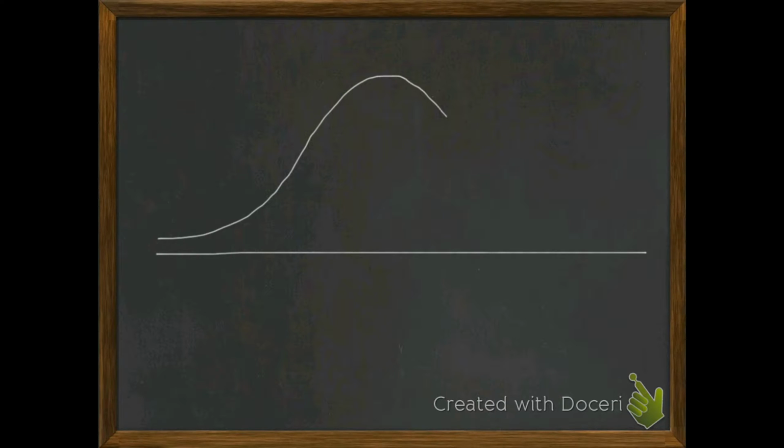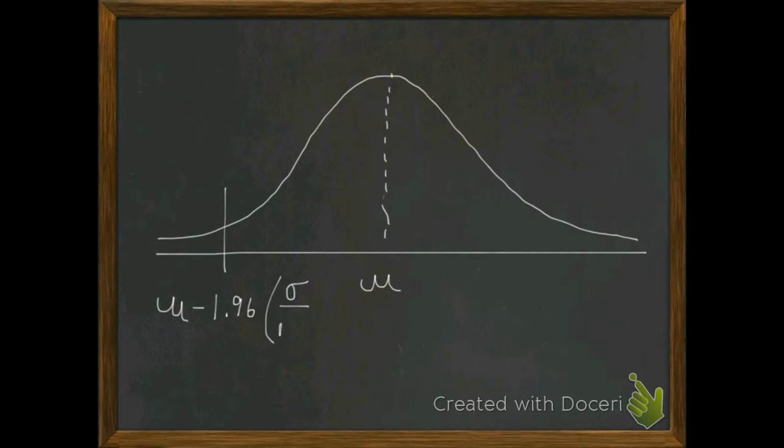So going back to my original drawing, for all of the sample means, mu in the middle, this would be mu minus 1.96 times the standard deviation over the square root of n, and this would be the mean plus 1.96 times the standard deviation over the square root of n. That 6 there is going to drive me insane.